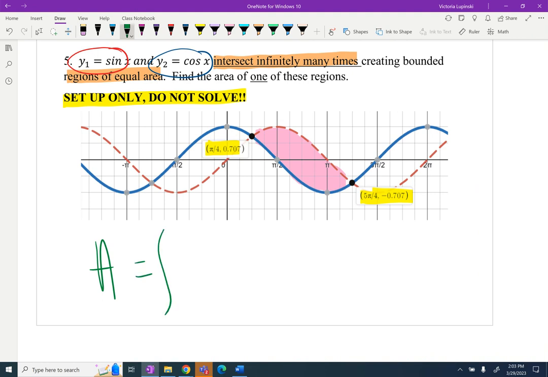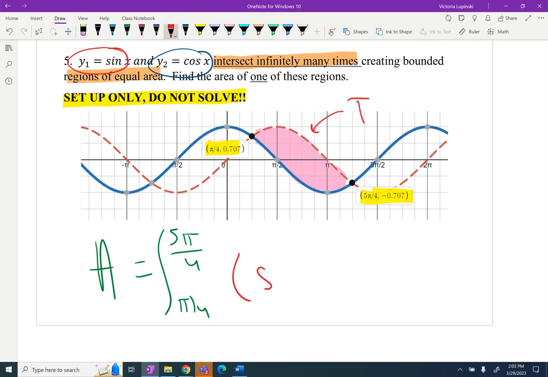So look at that pink region. From what x to what x? What do the yellow points of intersection say? Pi over 4 to 5 pi over 4. Which curve is the top curve? The red curve, which is the sine.